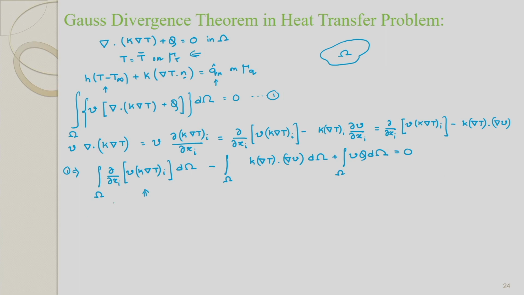So, on this term, using Gauss divergence theorem we can write n_i T over gamma. So, at this step we apply Gauss divergence theorem.